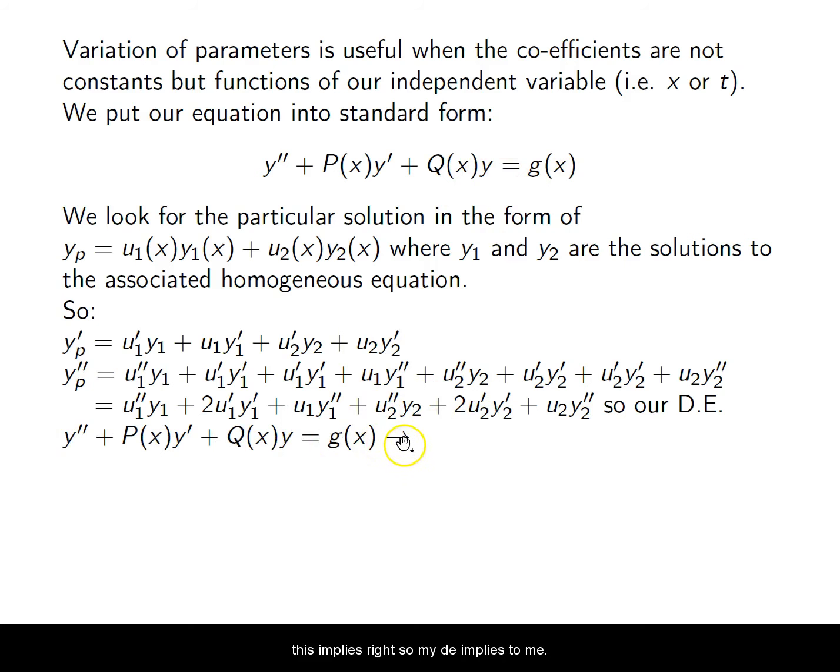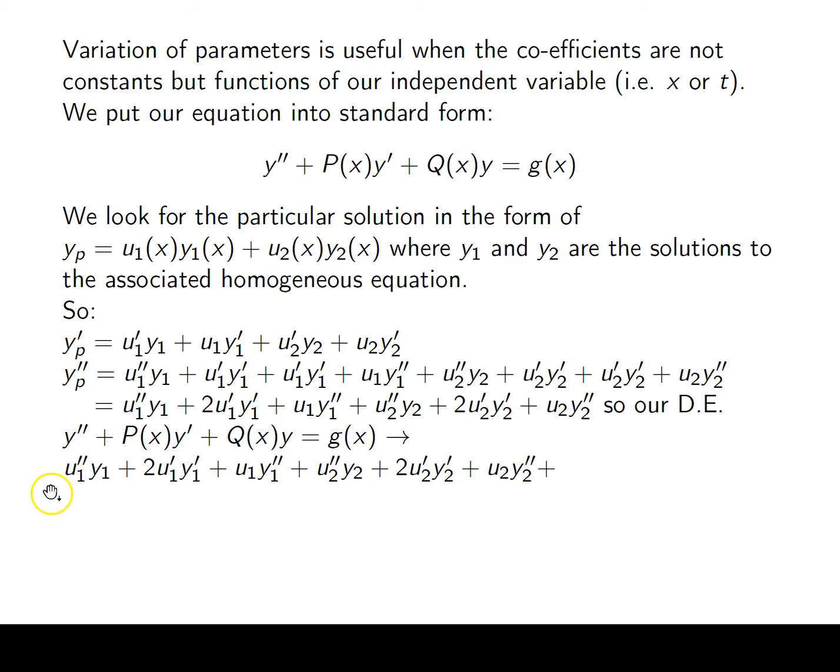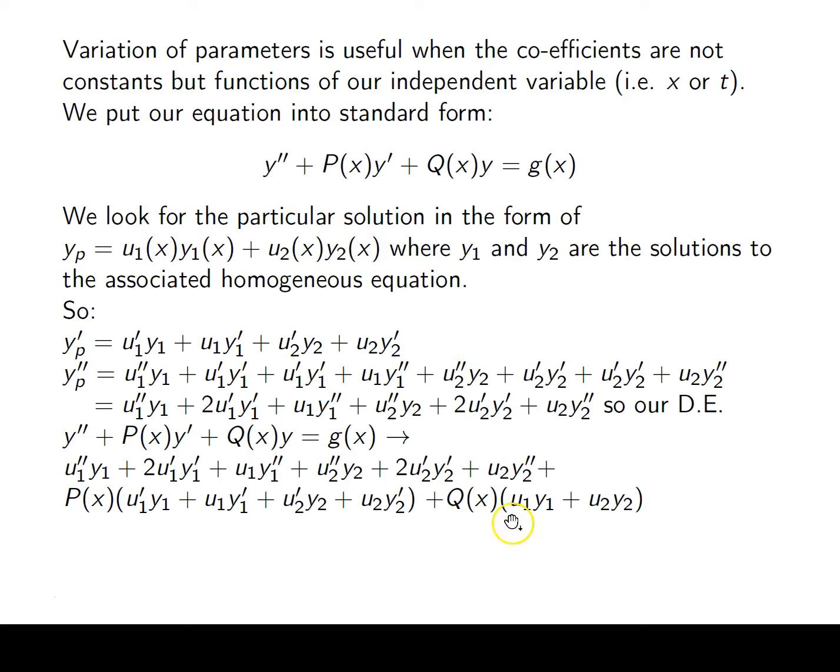My differential equation implies that I can plug in my y double prime, which is just this line all over again, plus p of x times my y prime, and then I will add just my yp times q of x, and all of that. Again, this is the short form without the x's in here, and all of that will equal g of x.